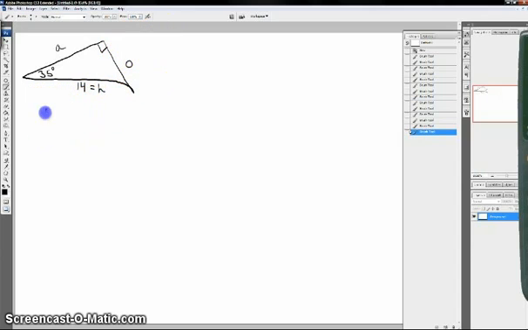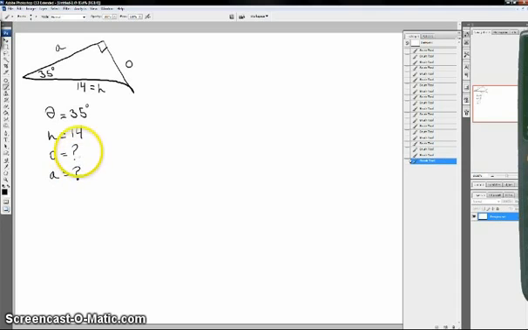So the information that we know about this triangle is we know theta is 35 degrees. We know that the hypotenuse is equal to 14, and we're trying to find the opposite, and we're trying to find the adjacent. We can find the opposite by using sine and realizing that the sine of theta is equal to the opposite over the hypotenuse.